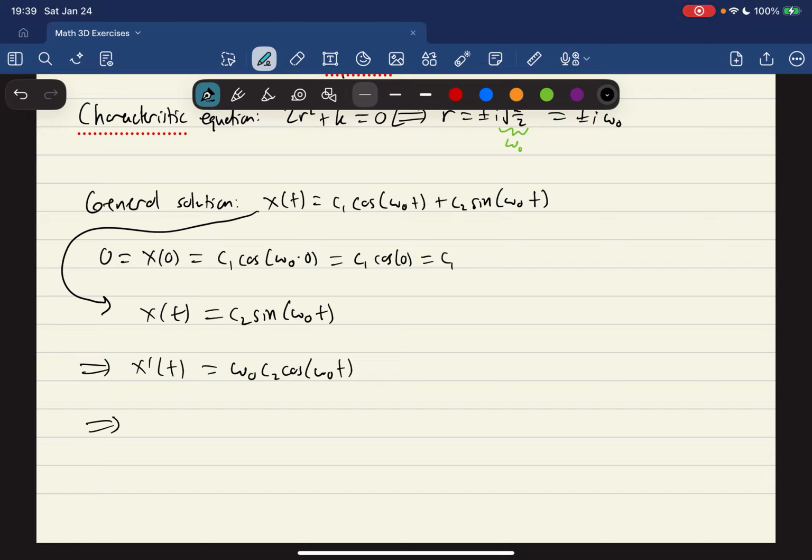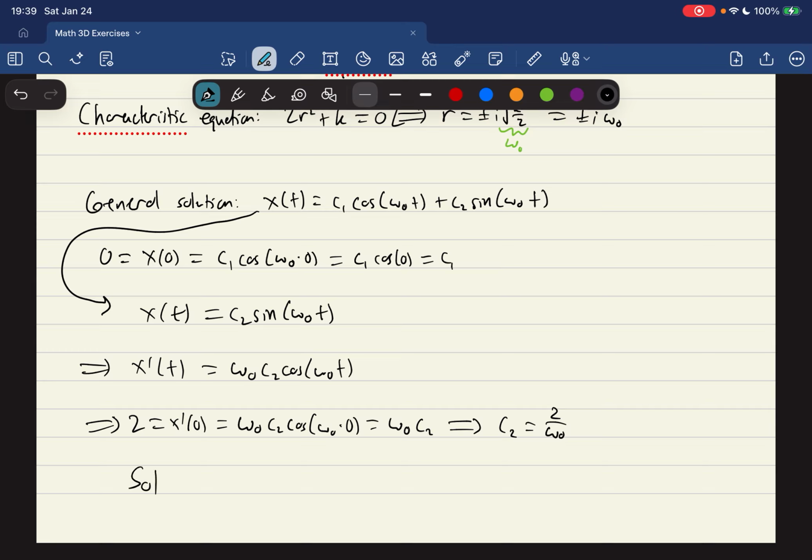And so if we plug in 2 equals x prime at 0, we get omega naught c2 times the cosine of omega naught times 0, which just gives me omega naught times c2. And therefore, c2 is equal to 2 divided by omega naught.